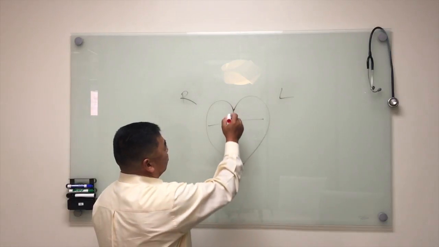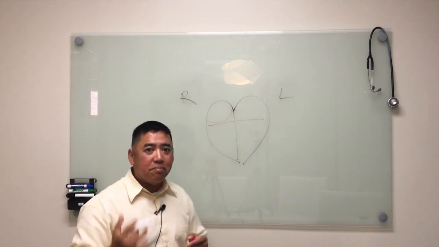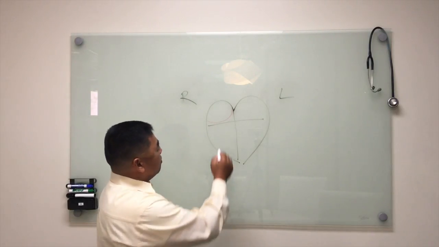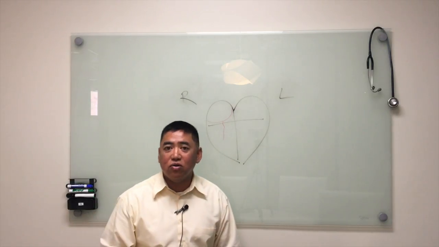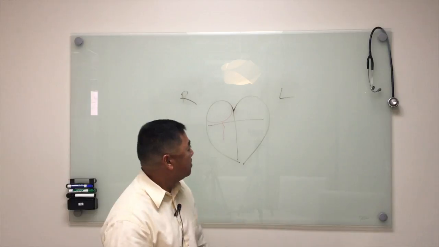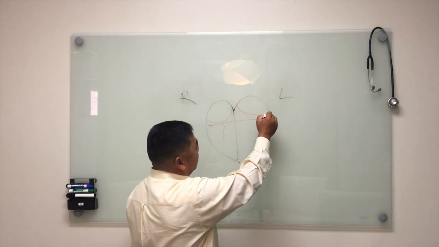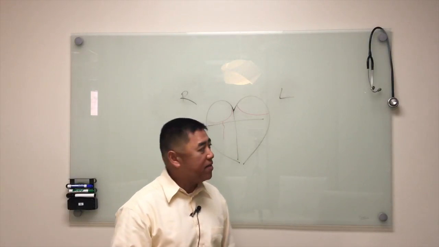Now, the right coronary artery will come around and go towards the back and become the posterior descending artery. There's also a branch that comes down here. It's called the acute marginal, or maybe just a marginal branch. And then the left will come down and it becomes what's called the left circumflex, or just the circumflex artery.